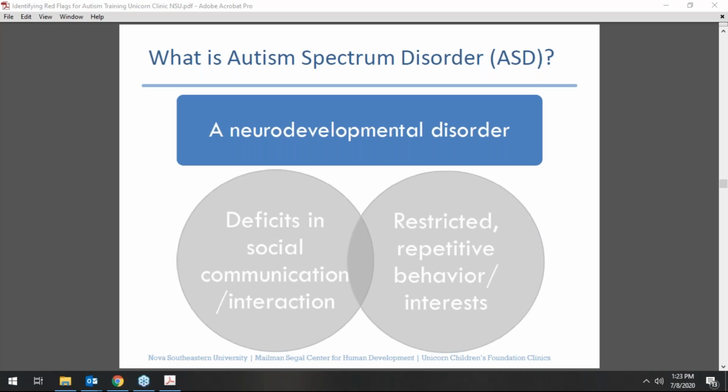And what are these difficulties that I'm talking about? We've categorized them in terms of two separate areas. This can look like deficits in social communication and interaction, and then restricted repetitive behaviors or interests, and these are known as RRBs.